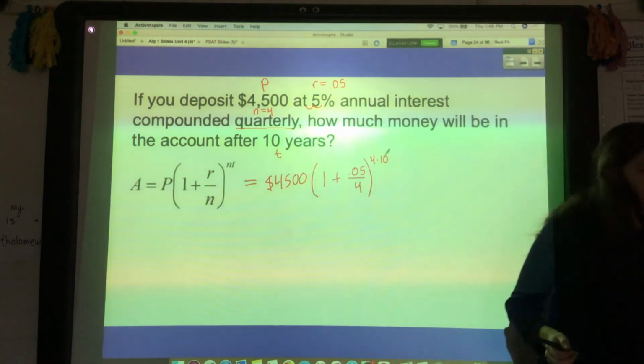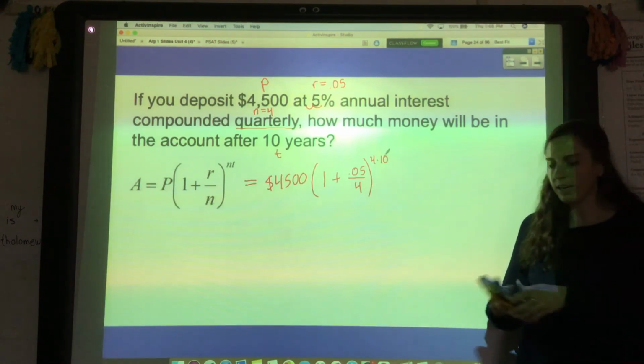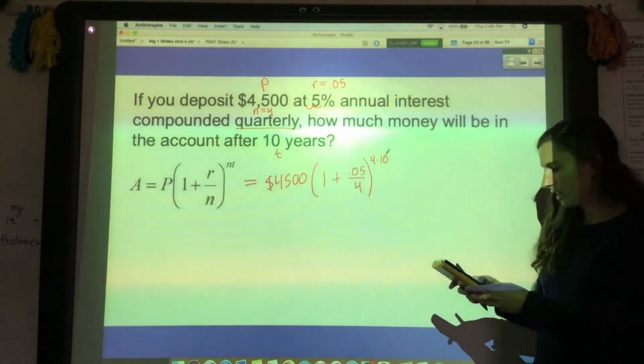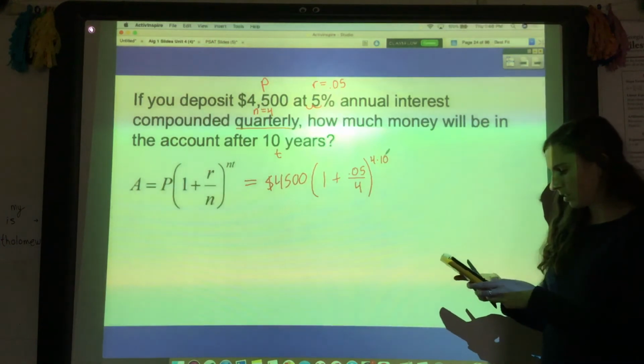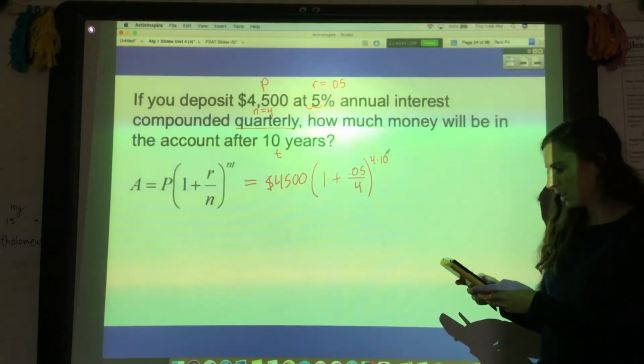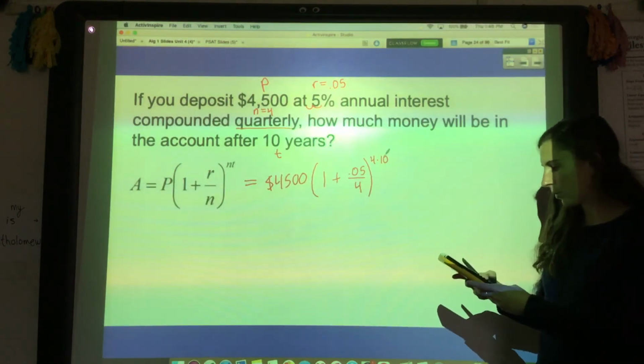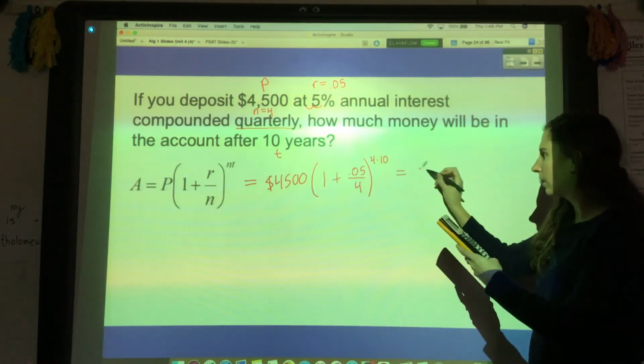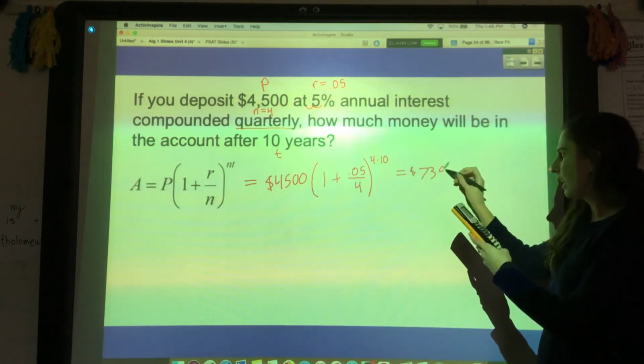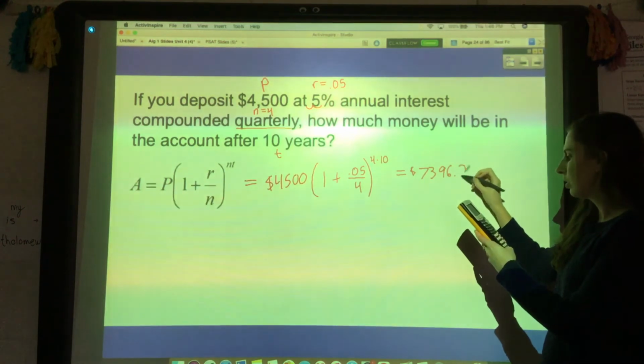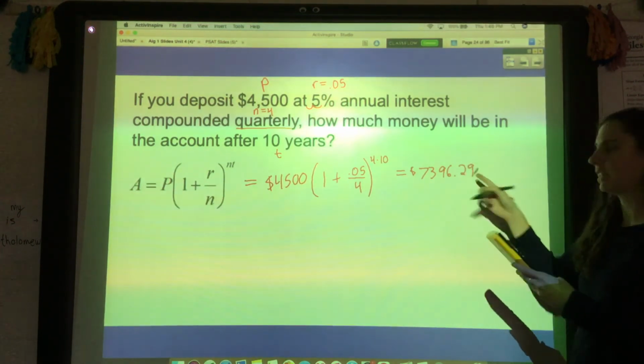Type all that into your calculator. You may just want to make that a 40. So 4,500 times 1 plus 0.05 divided by 4 to the 40th power, and you get 7,396.29. I'm going to round to the nearest cent.